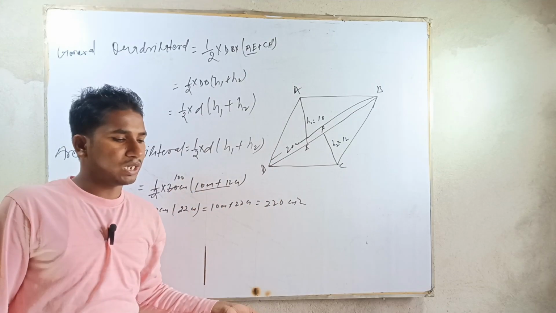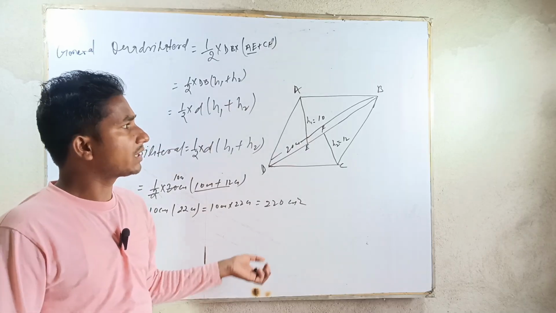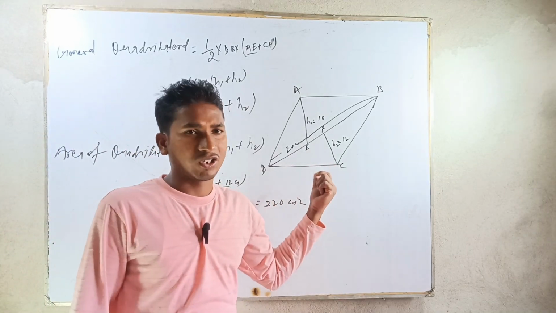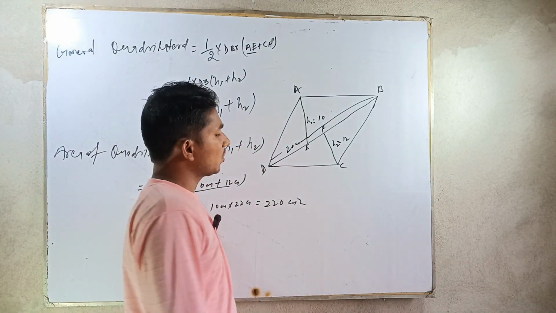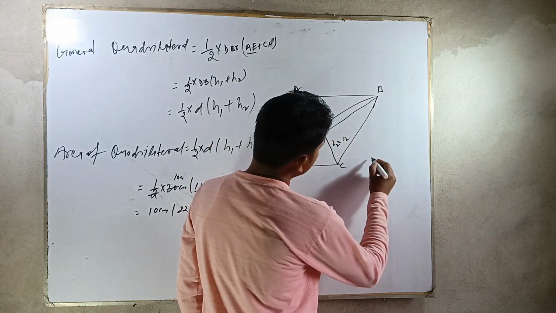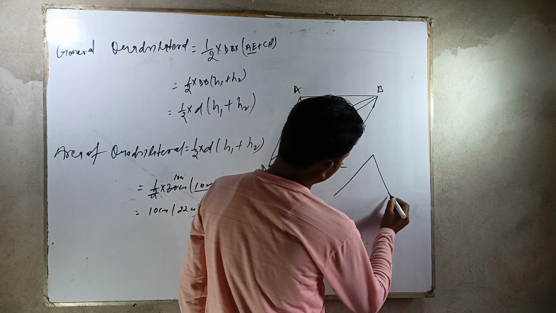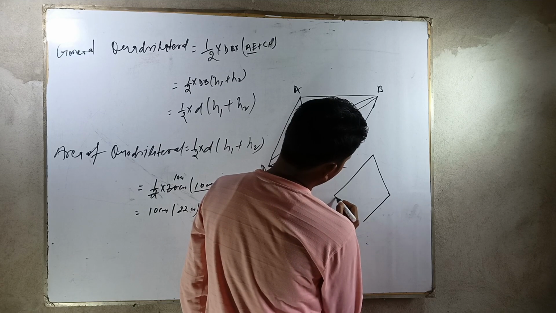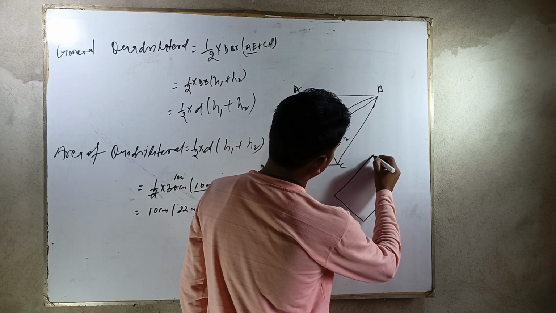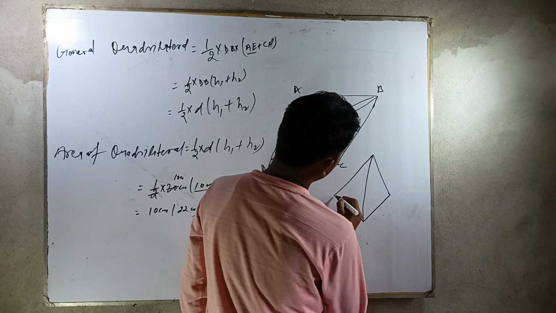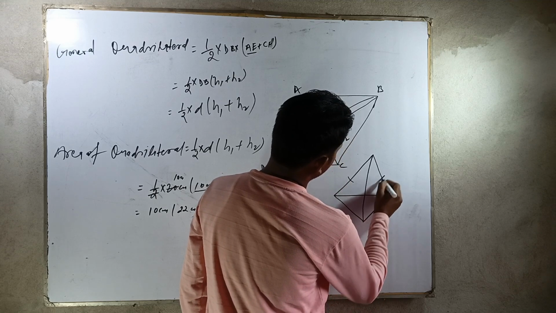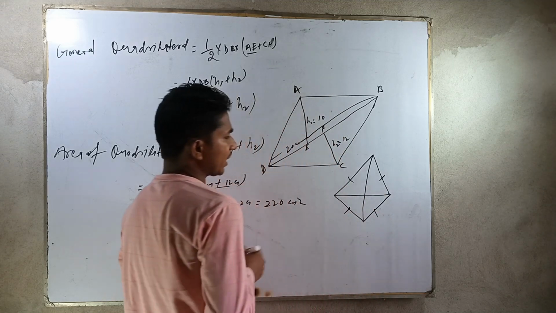If you memorize it, then I think it is very important to understand. Sometimes a rhombus is also given, and the rhombus area is also asked. Suppose this one is a rhombus, each and every side is equal.